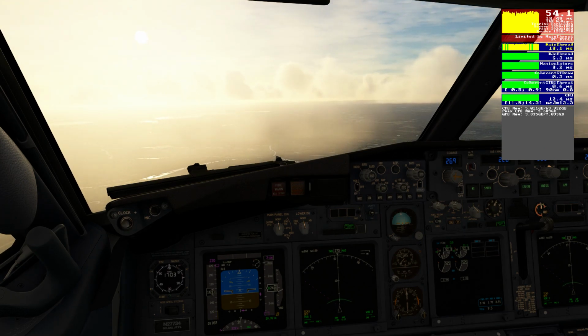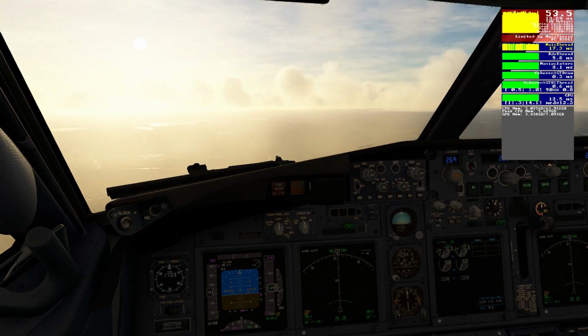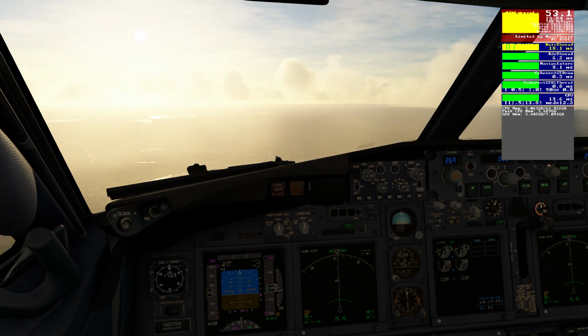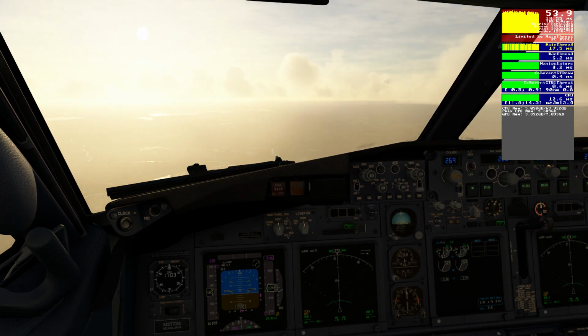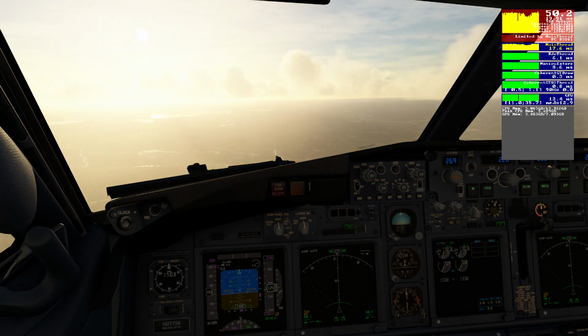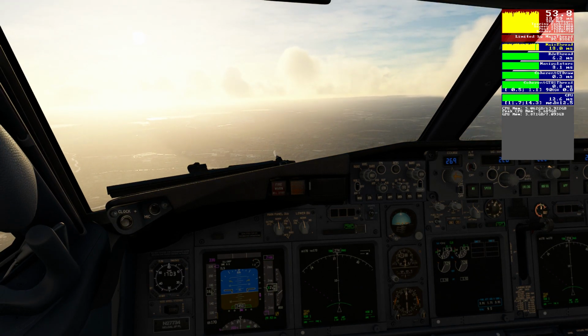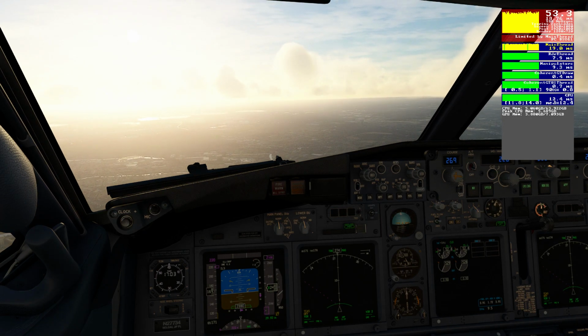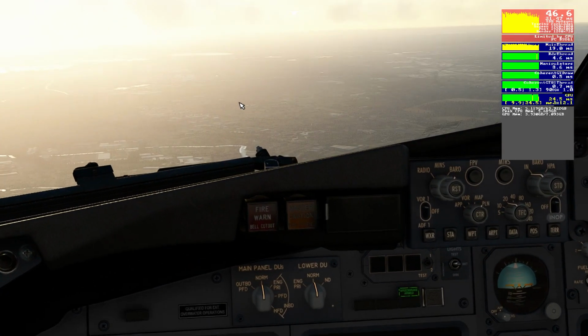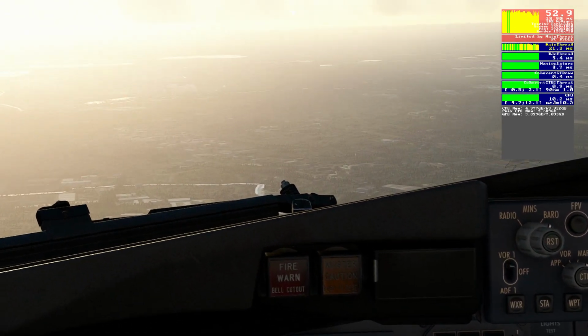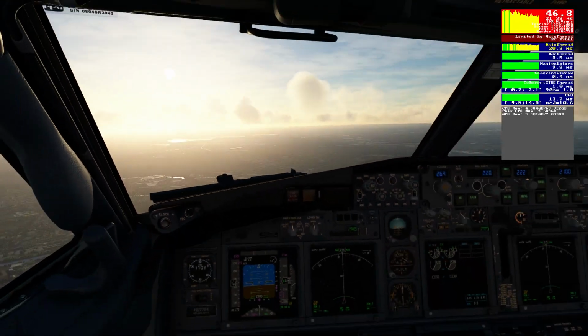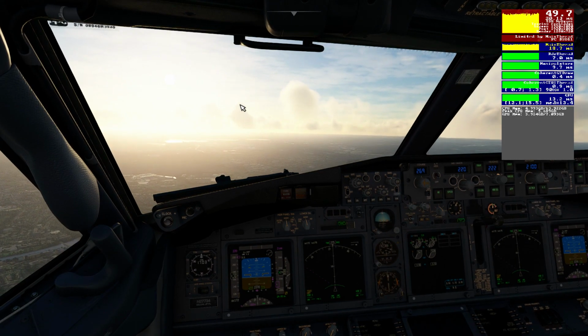Glide slope is very much below me. Still cannot see the runway. 2500. Where is it? Oh, there it is. I see it. I'm now perfectly lined up.